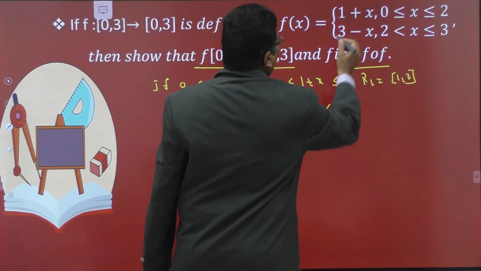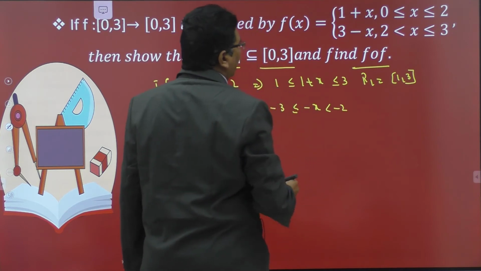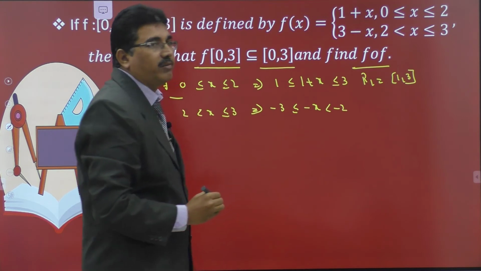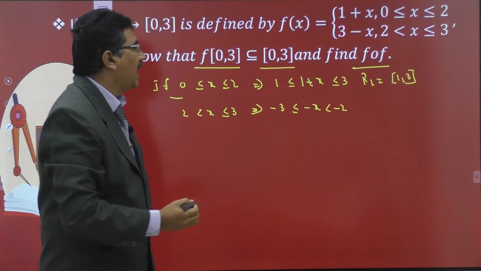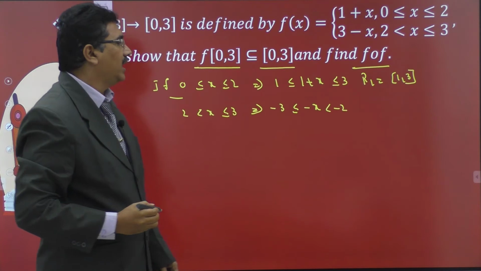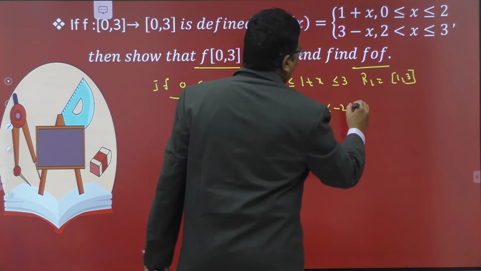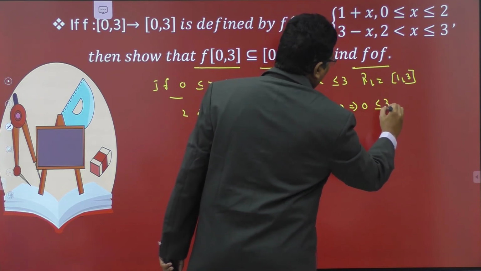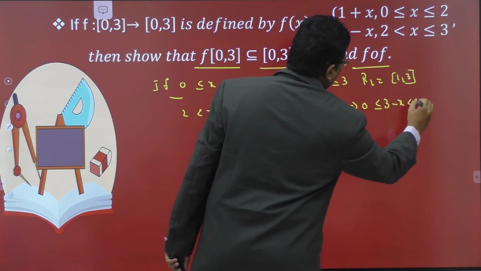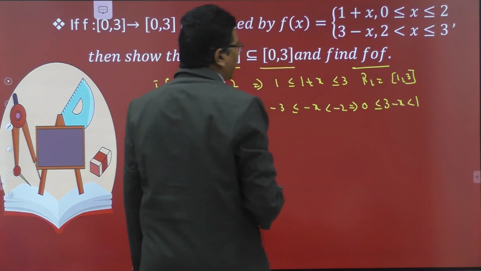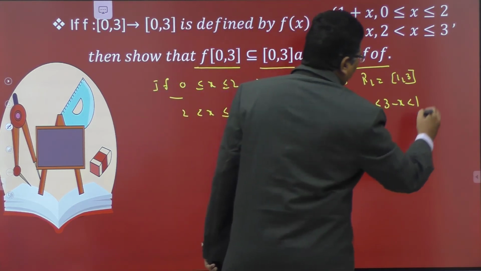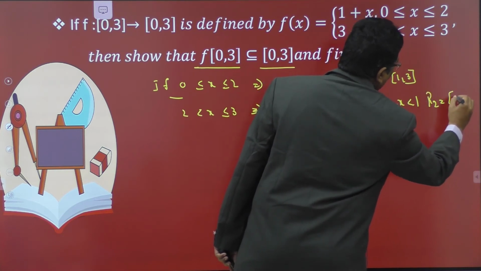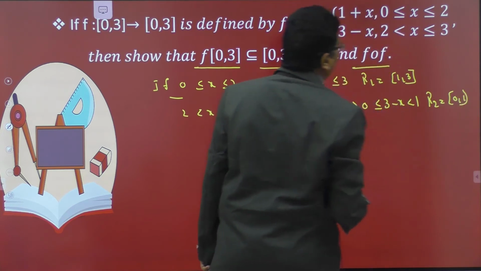Now adding 3 to this inequality, we want the range of 3 minus x, so we get 3 minus 3, 0, less than or equal to 3 minus x less than 3 minus 2, 1. From this R2 is equal to the interval [0, 1).